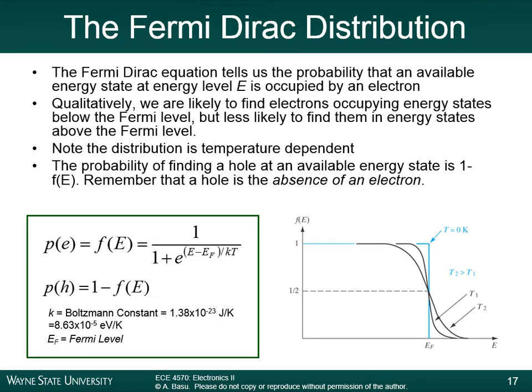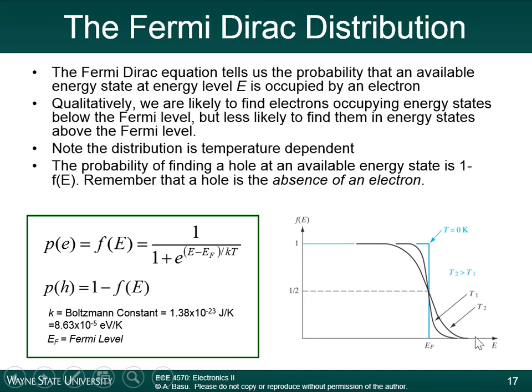I described to you what the Fermi level is. Now, this function describes the probability of finding an electron at a certain energy state. Notice that this is the energy on the x-axis, and this is the probability of finding an electron at that energy state on the y-axis.